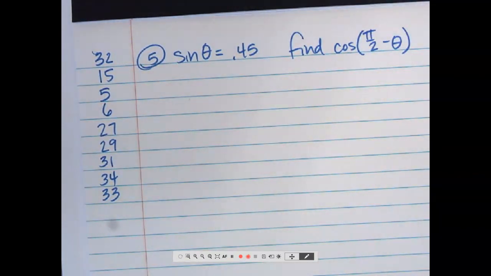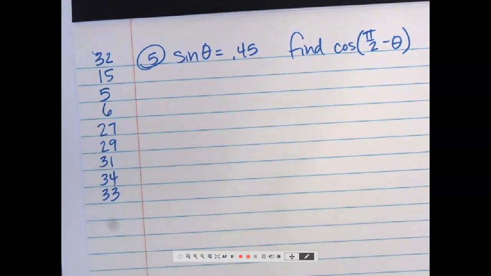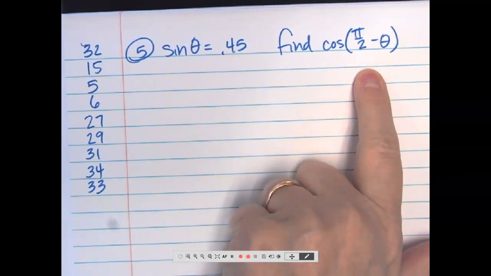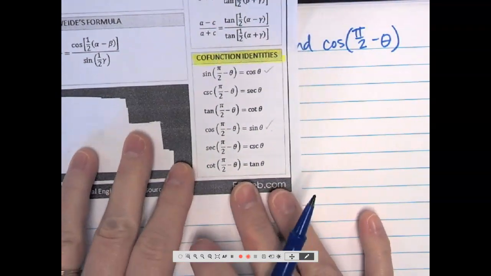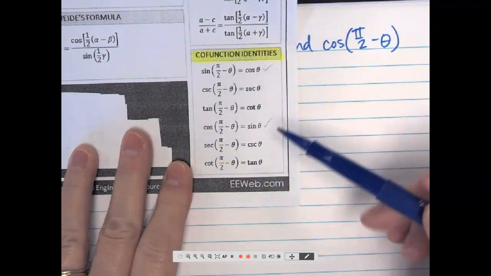Okay, let me get my sheet here. Okay, so I see this weird looking thing that I want to find, and those formulas, those identities, can be found in this bottom right box here.